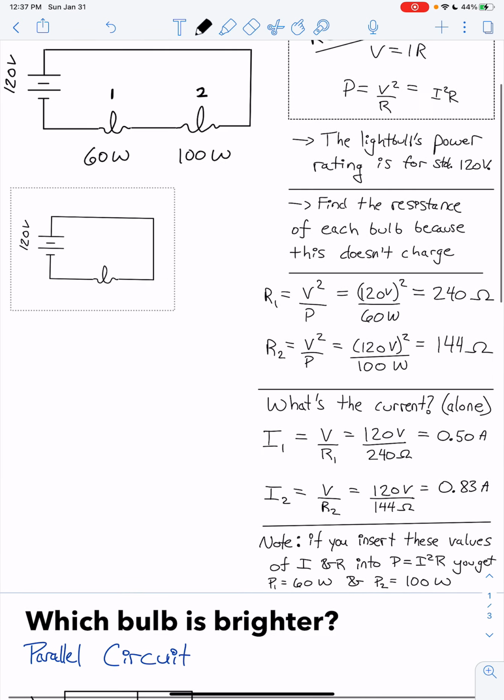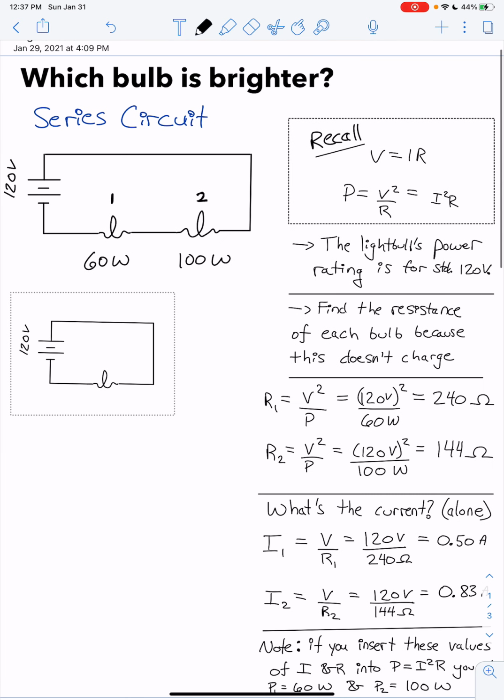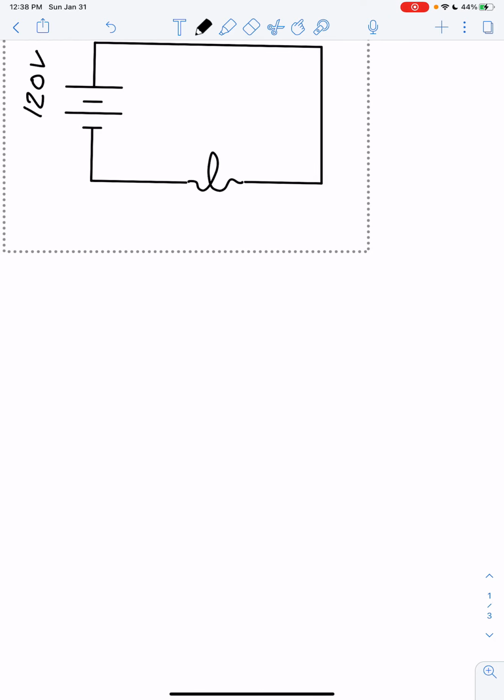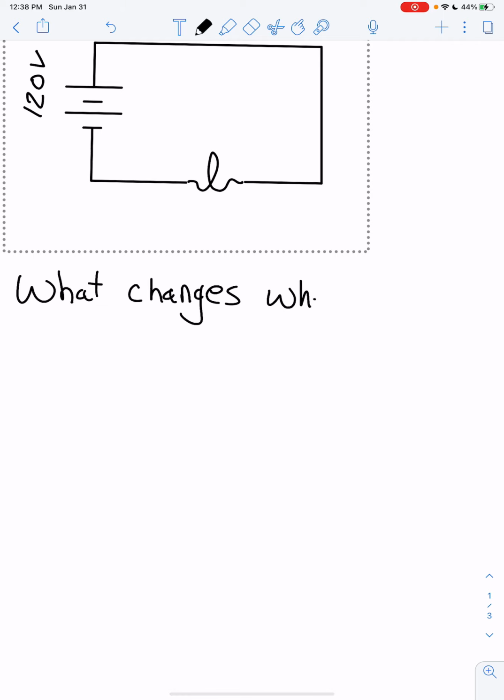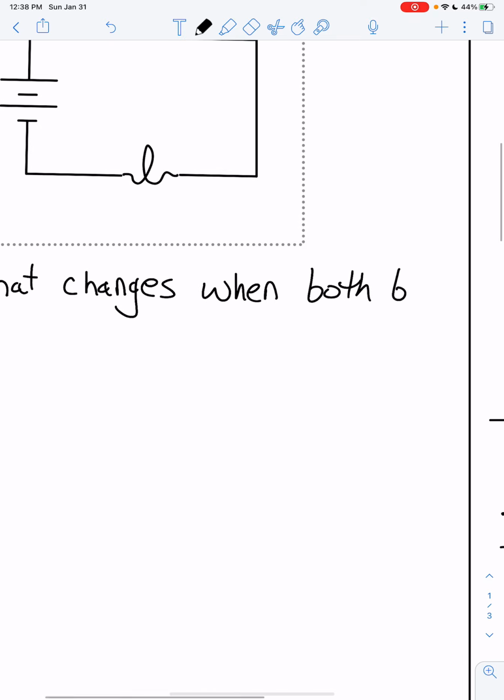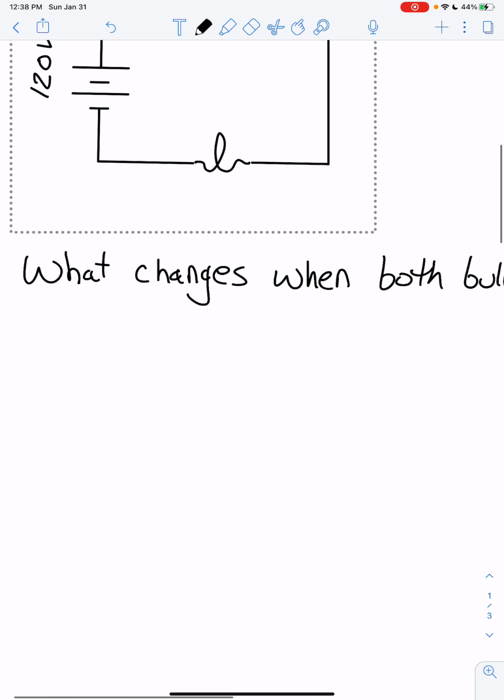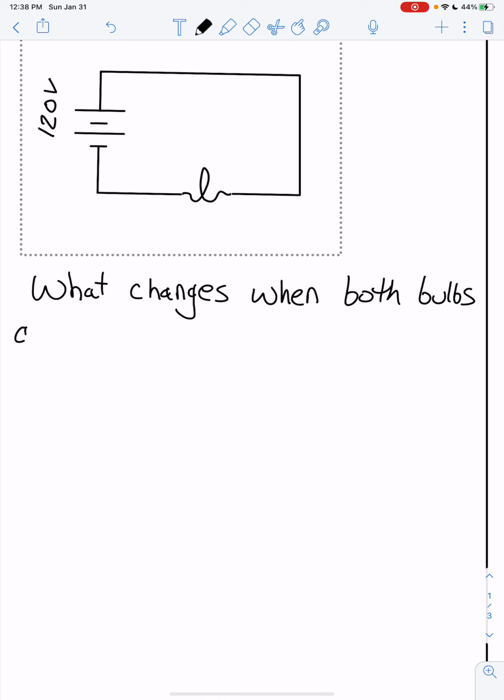However, let's back up a moment. What changes when both bulbs are in series?